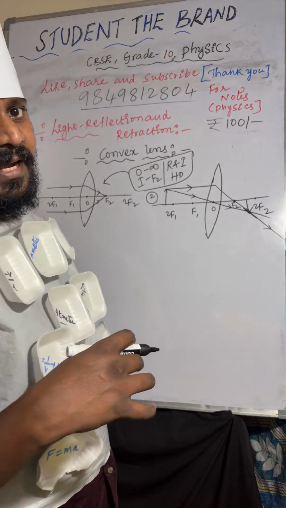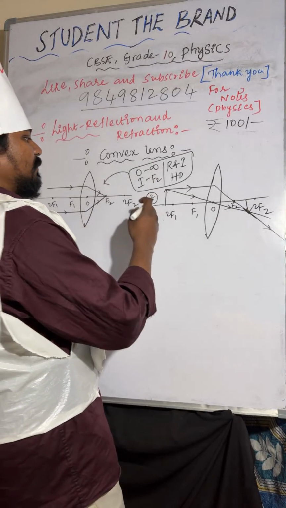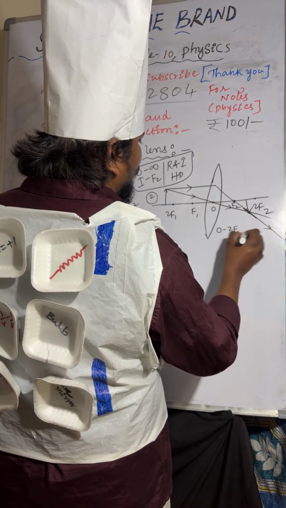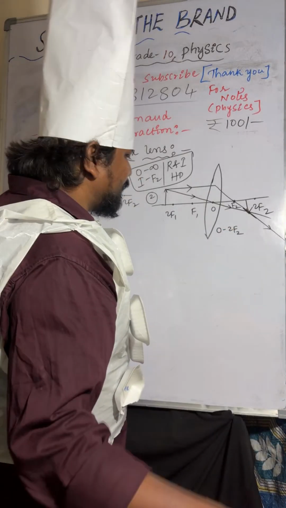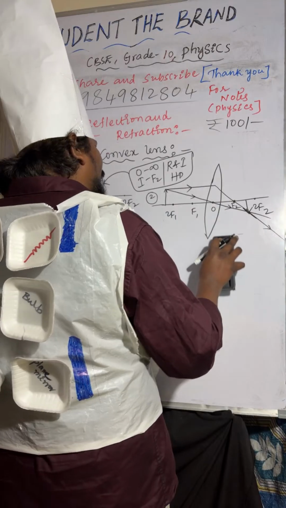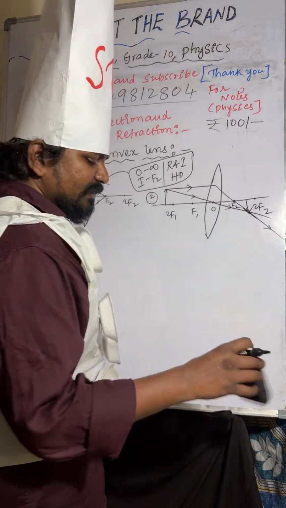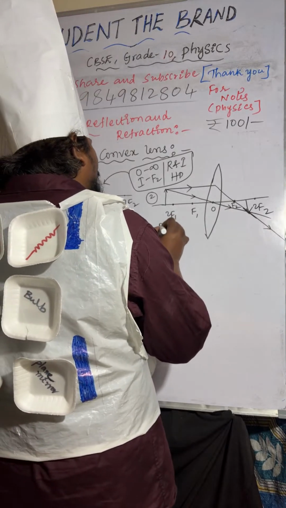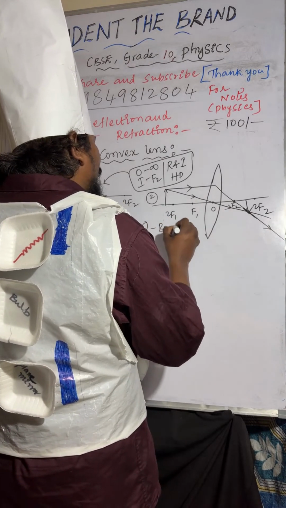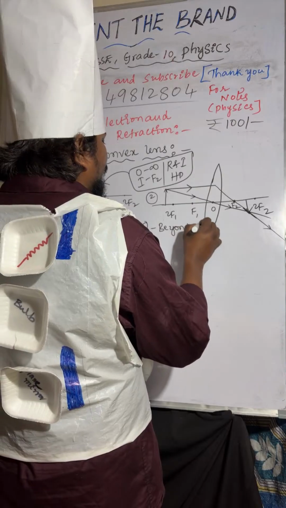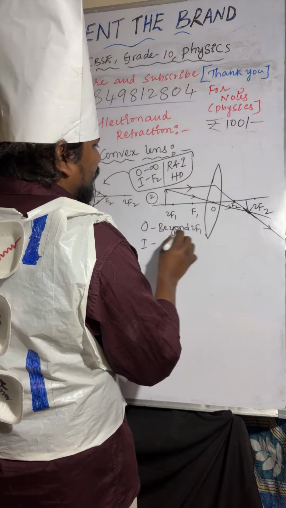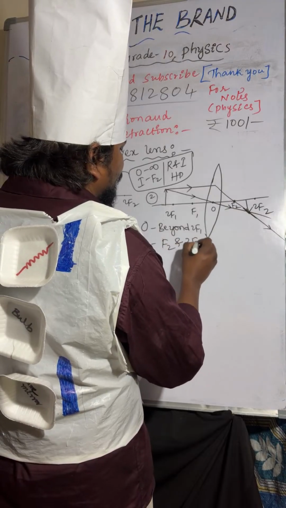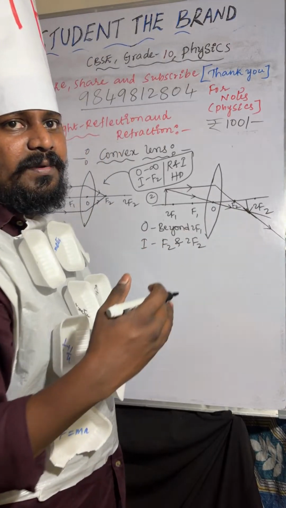Object is placed beyond 2F1. Image is formed between F2 and 2F2.